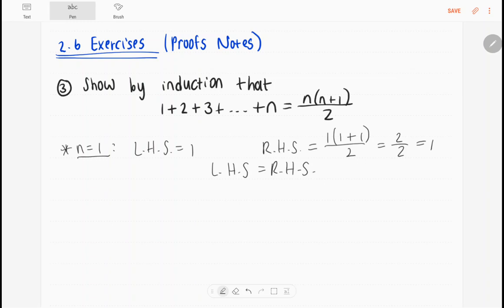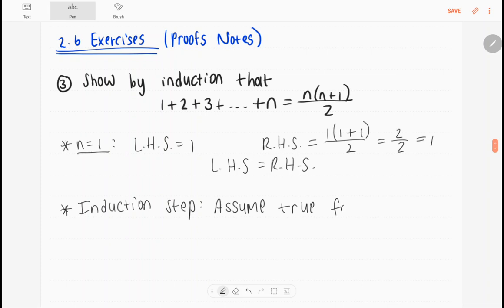Step 2 of the induction process is to assume this statement is true for n equals k. So I'm going to call this my induction step. And I'm going to assume that it's true for n equals k.